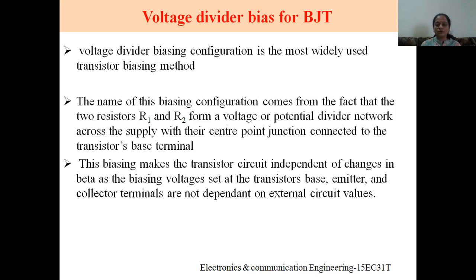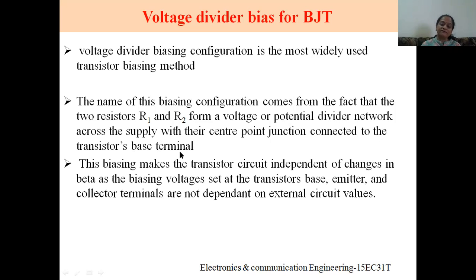Why the name voltage divider? It comes from the configuration that uses two resistors, R1 and R2, from the supply voltage, and it divides the voltage across R1 and R2. R1 and R2 are connected in series as a divider network across the supply, with their center point junction connected to the base terminal.